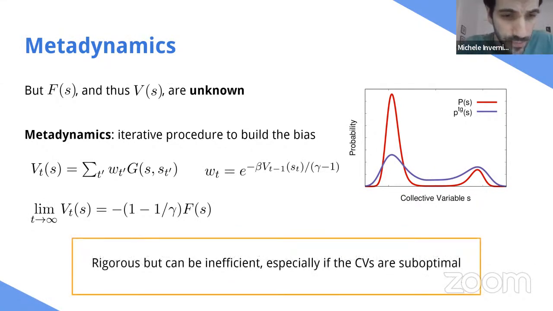Anyway, metadynamics is a great method. It's very rigorous, but can also be quite inefficient, especially if you are using suboptimal collective variables. And here I will open a parenthesis because I want to tell you about this suboptimal collective variable, which is what motivated me to go beyond metadynamics and look for a different way to reach this target distribution.